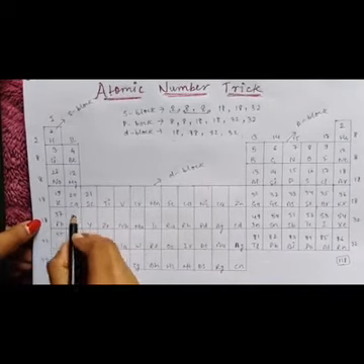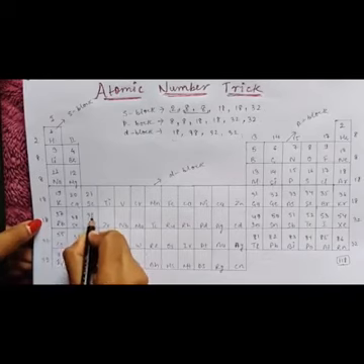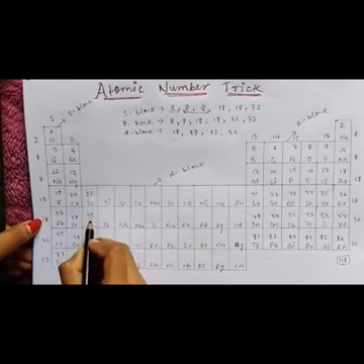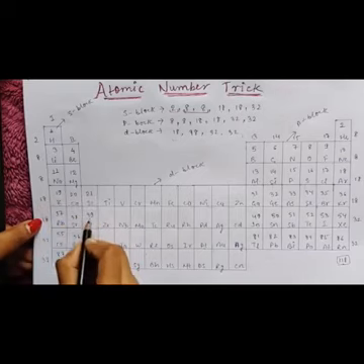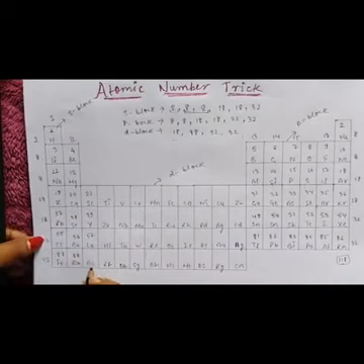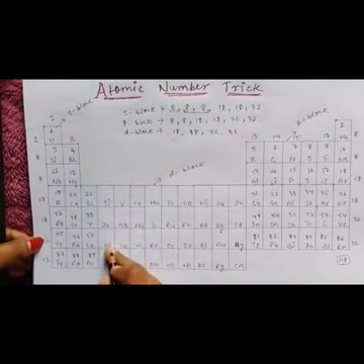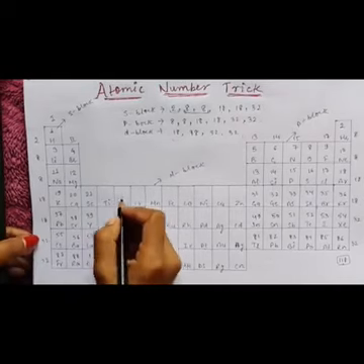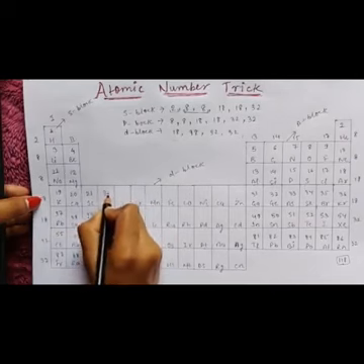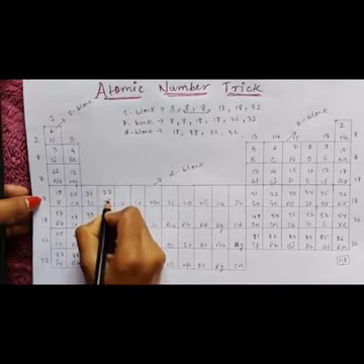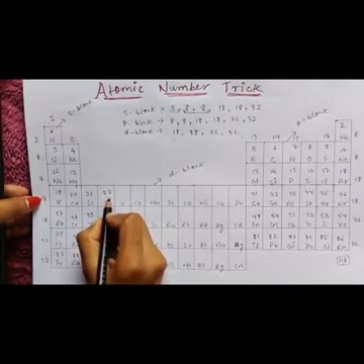If you want to write the atomic numbers, you have to follow the same order, or write the atomic numbers continuously. చూడండి, yeah, these are the d block elements. If you want to write the d block elements, add one after one continuously.